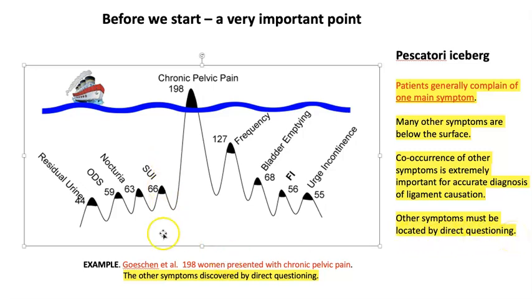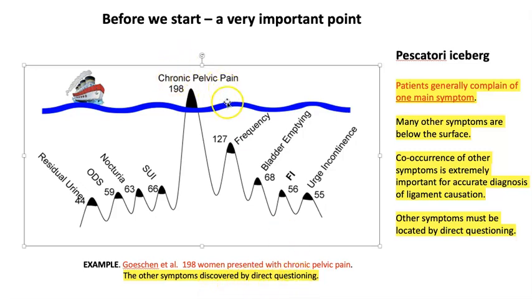Now, this was from Professor Gershon, who showed 198 women. 198 women came along with only chronic pelvic pain, and then the other symptoms were discovered by direct questioning.